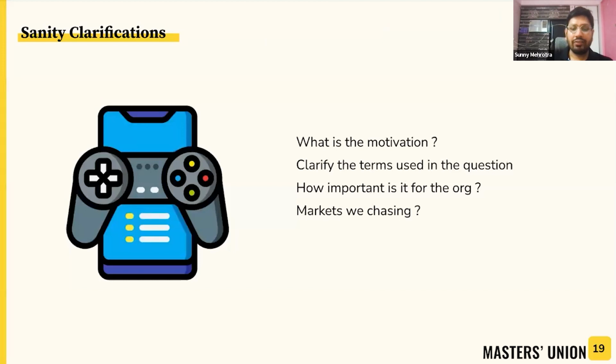Maybe another clarifying question is how important is it for the org and what are the markets that we are chasing. So for example, if we pick a motivation here, we know for a fact that gaming has exploded across the globe, and especially on the eastern side of the world. We are seeing so many games that have become popular.